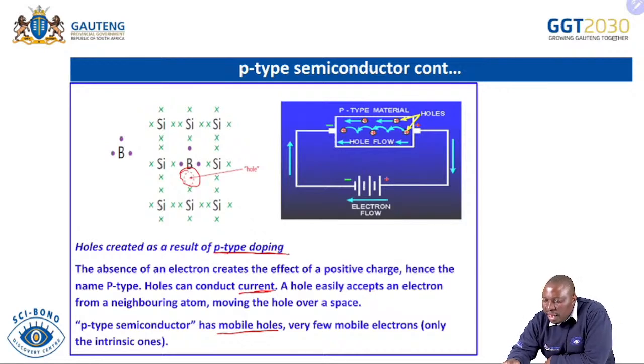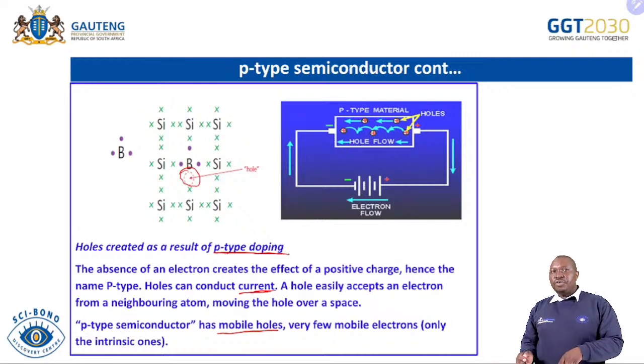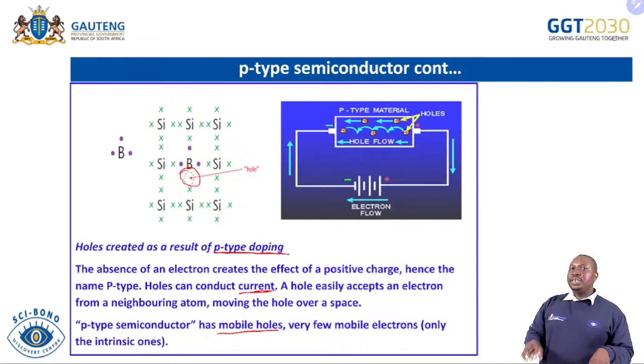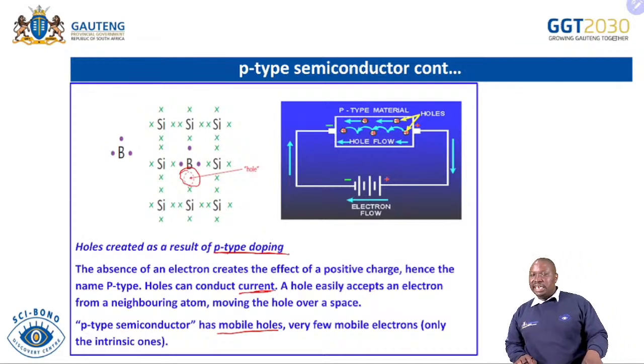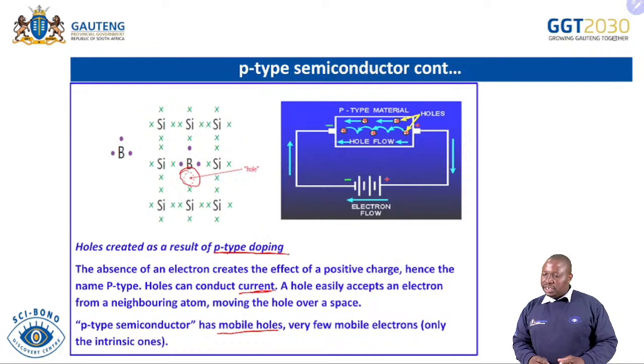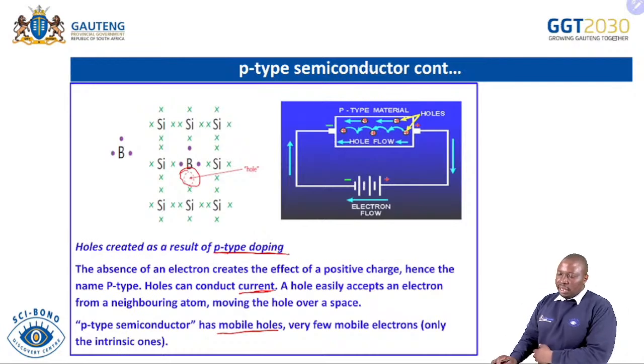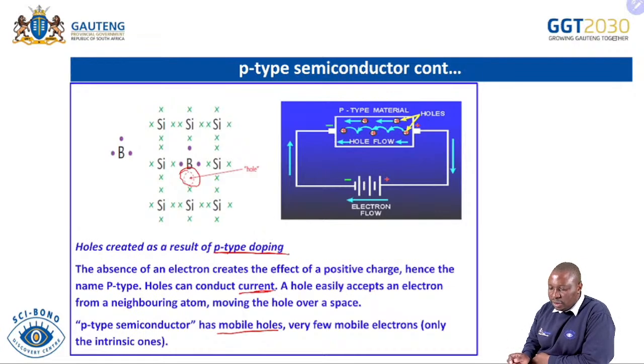Because when you look there, you will see the hole was there, then the hole is in another position, because as the electron moves from one hole to another, another hole is created. So you are able to see that is the p-type, because it's the positive, which is that hole, that is driving the conduction of electricity. So I hope you understand that.